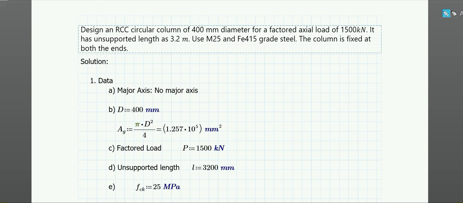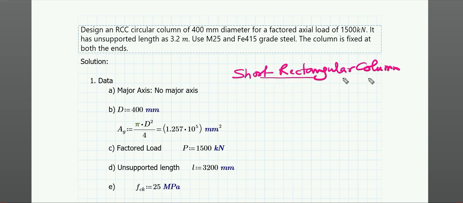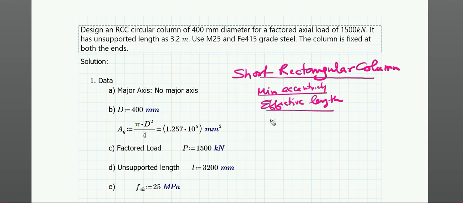So in the previous class we have discussed about short rectangular column, and we have studied how to take care of minimum eccentricity and how to find out the effective length, or what is the meaning or importance of short column or long column in design.